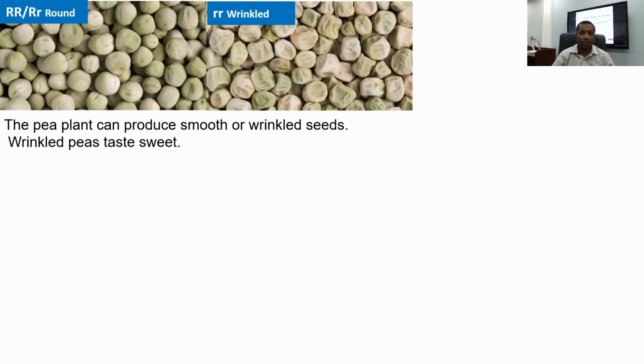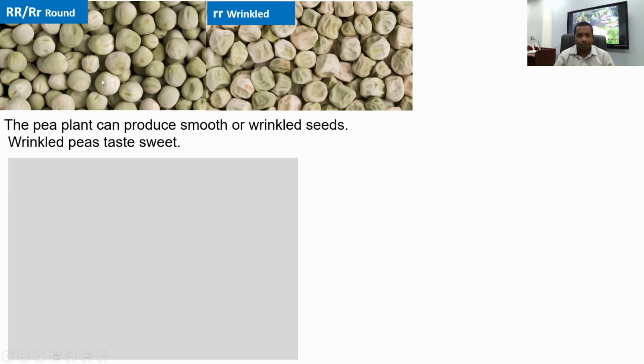Okay, let's go back to that pea seed example. Pea plants can produce both smooth round seeds and wrinkled seeds, and these wrinkled seeds taste sweeter than the round seeds.